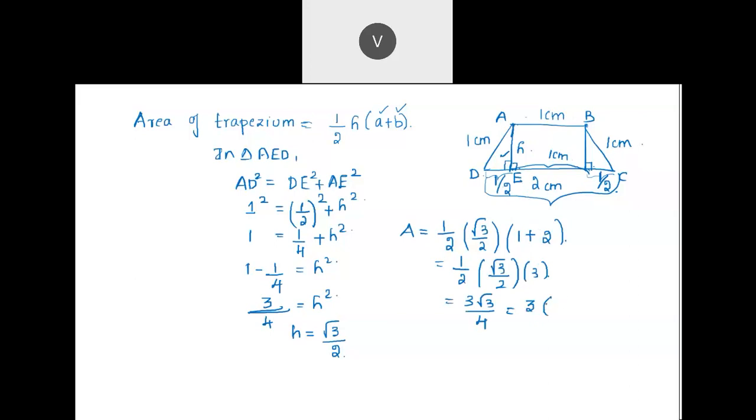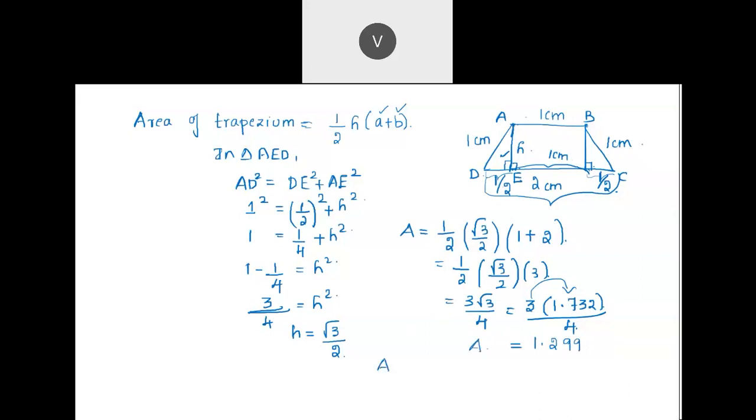Multiply 3 with 1.732 and divide the result by 4. The final answer is 1.299. So this is the area of the trapezium.